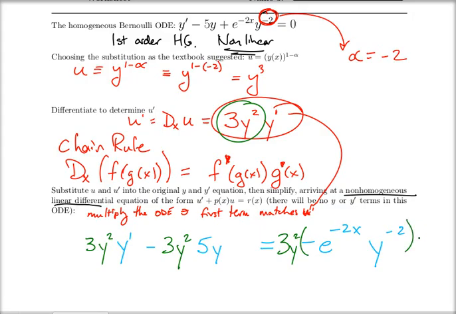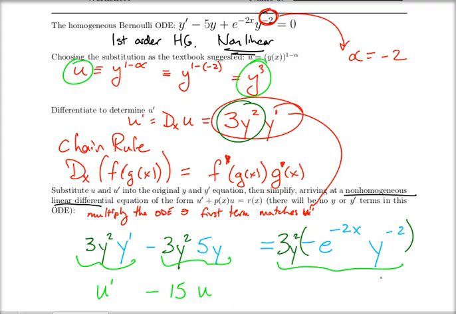Now we're going to look for some cancellation and simplifications that we can achieve. Let's get this to be u prime. Let's get this to be, oh, look at that, u. That's going to be a minus 15u. Then let's simplify this.